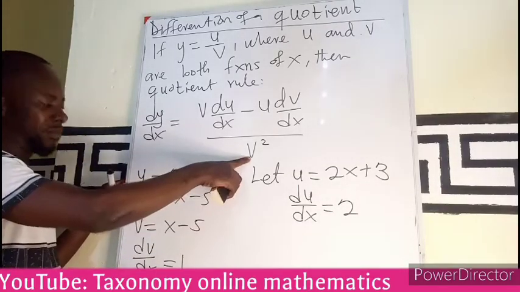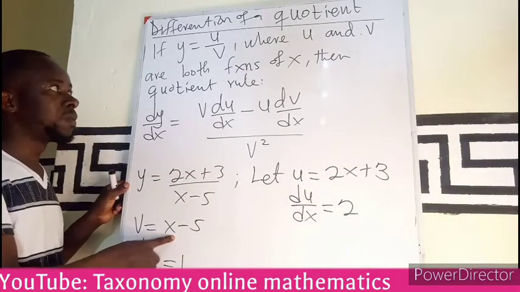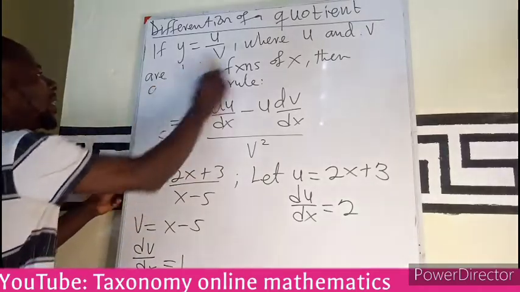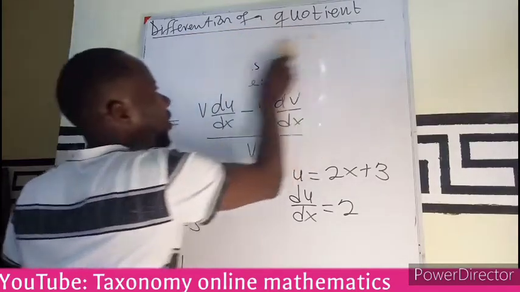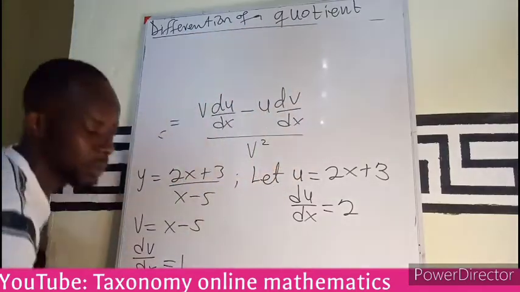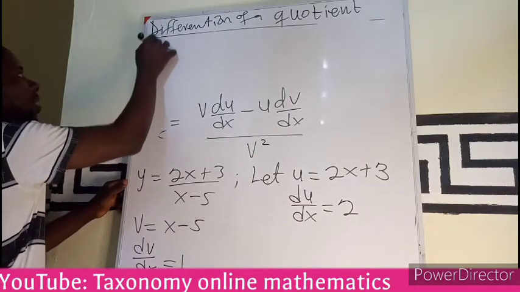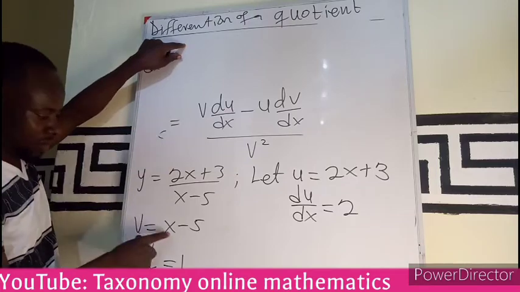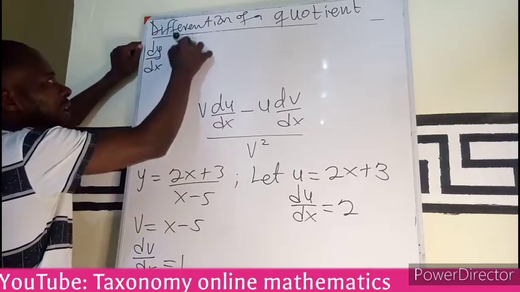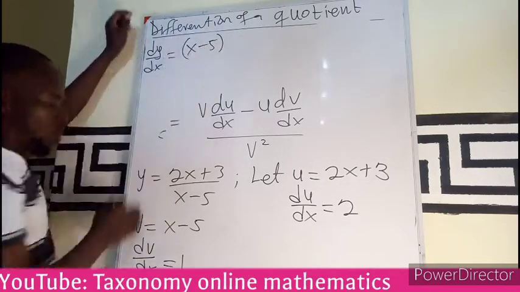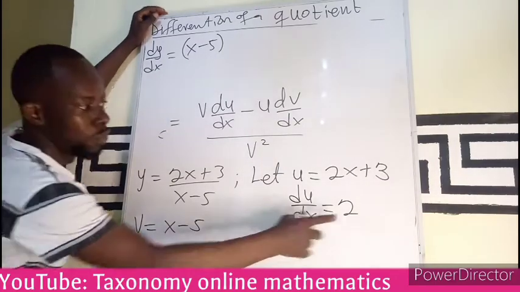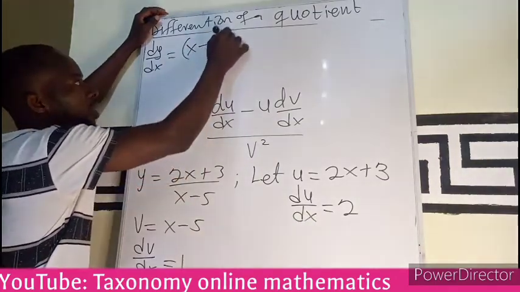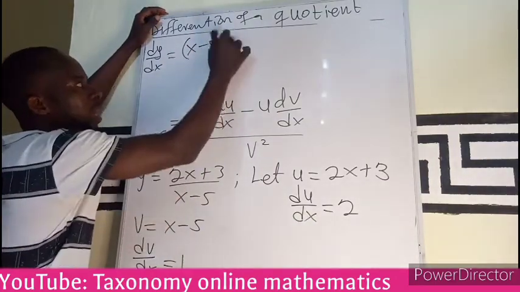So now we have all the 4 terms. We know that this is the v, this squared. So we are going to put that into our formula. So dy dx equals v function, which is now our x minus 5, multiplying the differentiation of u, which is going to be 2. Let me use bracket.